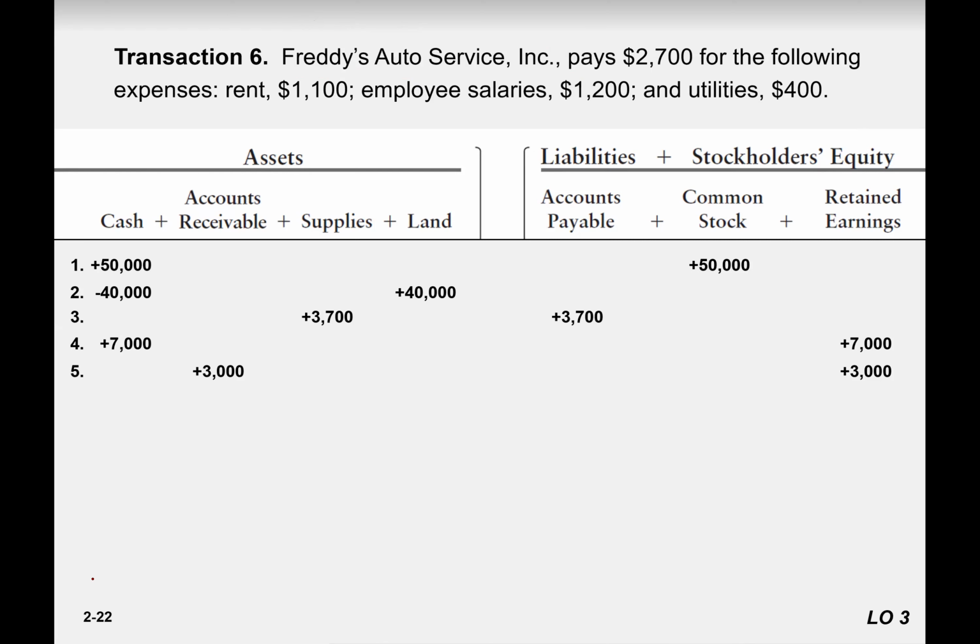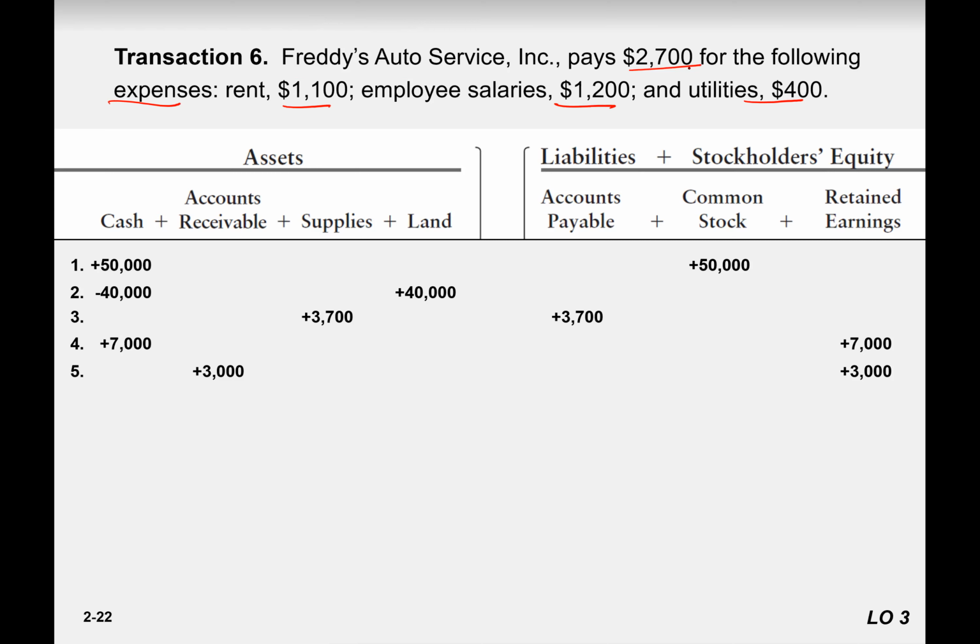Sixth one, Friday's Auto Service Incorporation pays 2,700 for the following expenses: 1,100 rent, salaries 1,200, utilities 400. Now, you can post individually, and you can also post collectively as well. So let's talk about the individual post here.